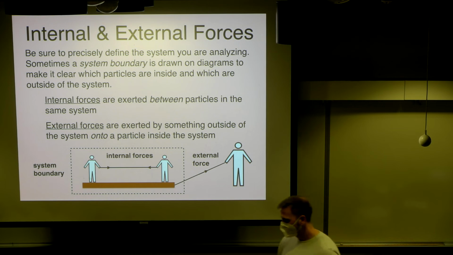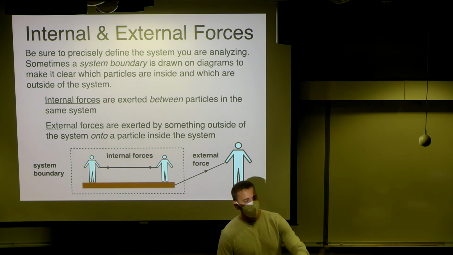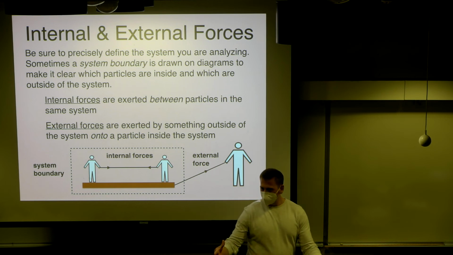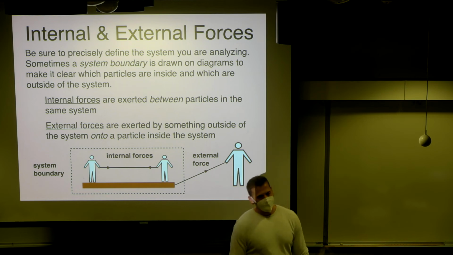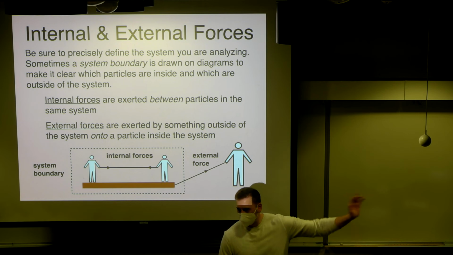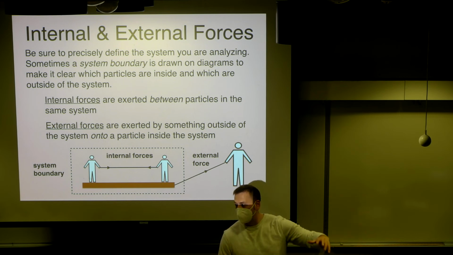We need to say, there's something going on in this problem, but I'm going to define this as my system. I'm just going to focus on these particular objects. As an example, with the pool table that we just saw, your system might be all the different balls on the pool table. But the planet Mercury is not part of your system. It has nothing to do with what's going on in the problem. It's not relevant to the motion that you're studying.